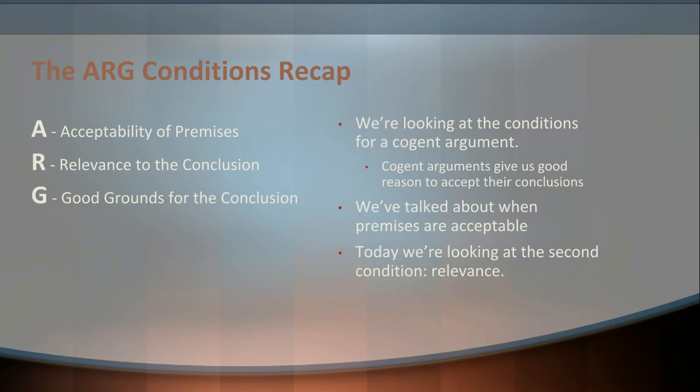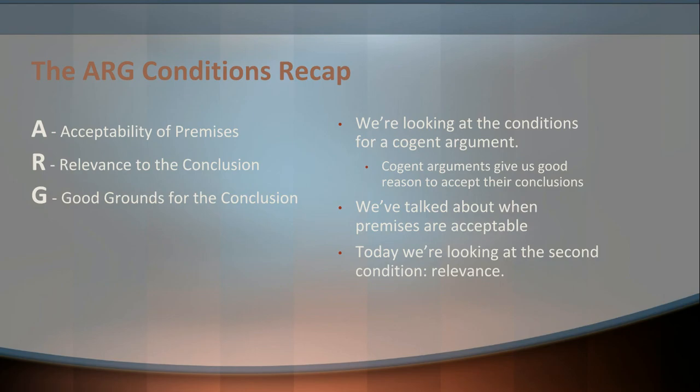We also looked at some grounds for rejecting a premise as acceptable. Times when claims are the sort of things we really just shouldn't accept or treat as plausible and viable reasons for a conclusion. Today we're looking at that second condition, though, the R condition, the condition of having relevant premises.